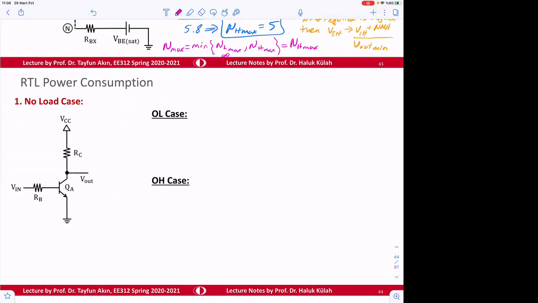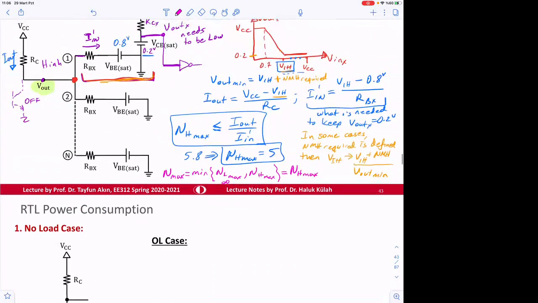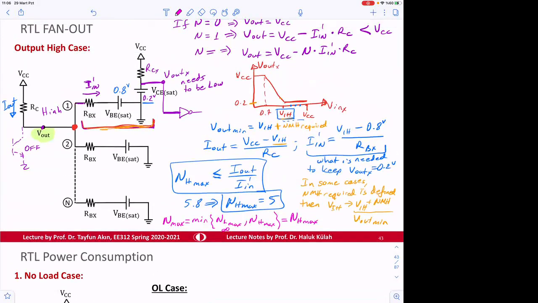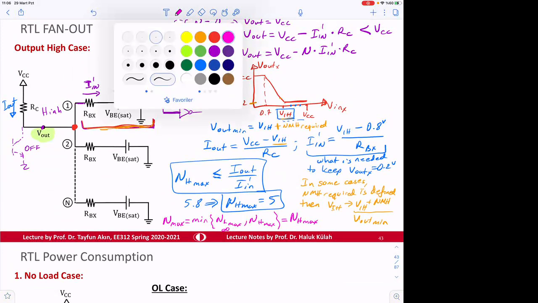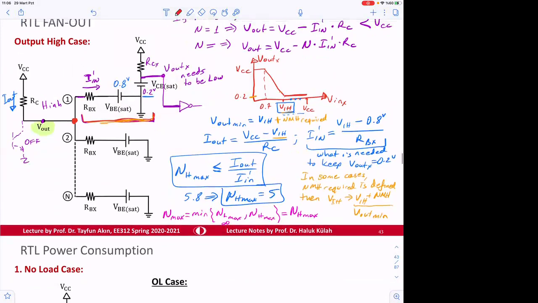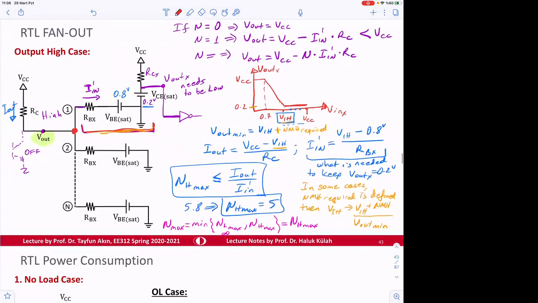So there are different ways of calculating this. Some people do it. Maybe I should write it down. Also, one other thing here. Some people, in order to calculate this V out midpoint, they do this. So they say that this current is going to be VCC minus V out divided by RC.